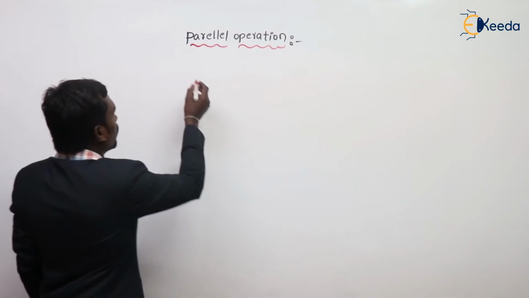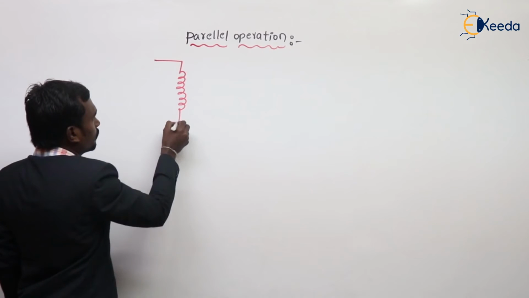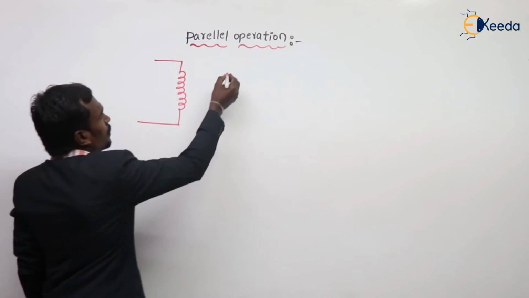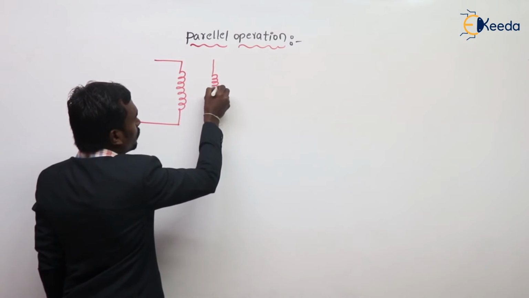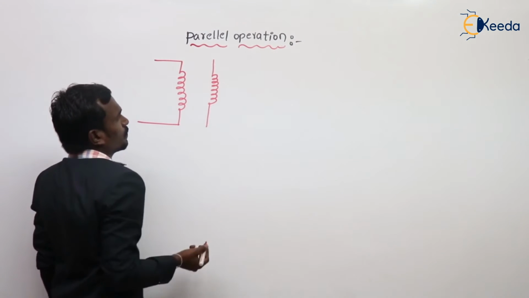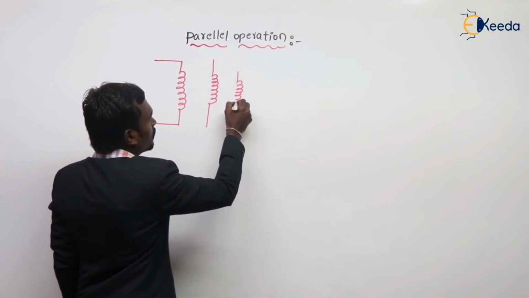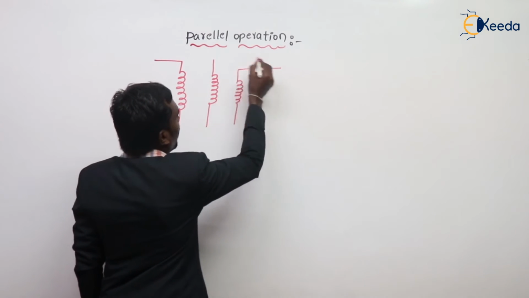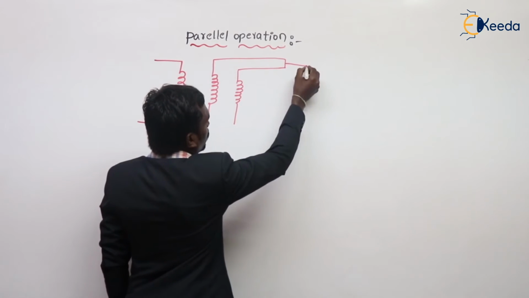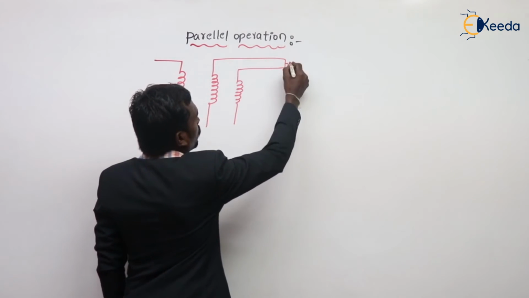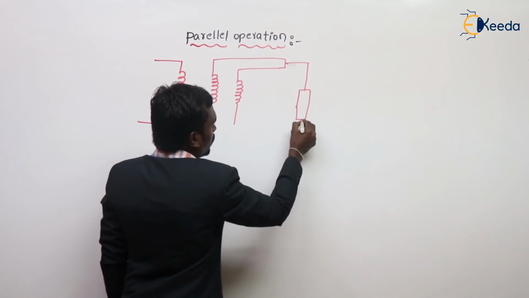Let's see here. For example, two transformers operating in parallel to the load, like this. This is my load.